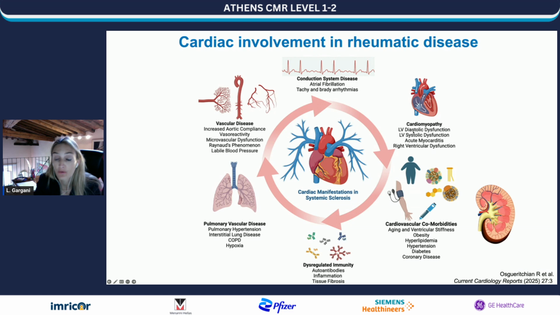We often have a very early diastolic involvement, but we also have conduction system disease. We have all the vascular disease that will also contribute to the overall cardiac involvement, and of course the pulmonary vascular disease. And these patients also have other comorbidities which may affect the cardiovascular system. I've put here an additional picture of the kidney because the kidney plays a very crucial role in perpetuating the cardiac involvement in these patients.